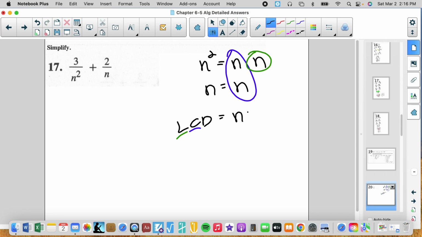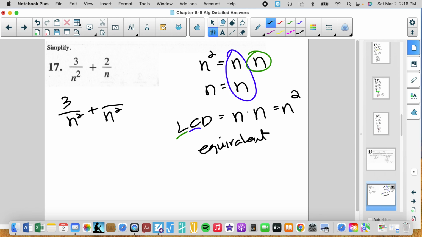So we have n in common, n in leftover, so my LCD is n squared. So we need denominators with n squared. Now, this is already n squared, so we don't have to find an equivalent fraction, but we do have to find one for the other.